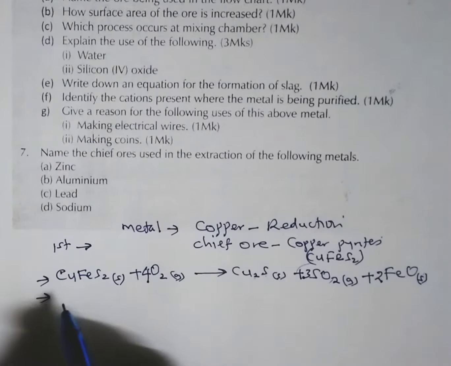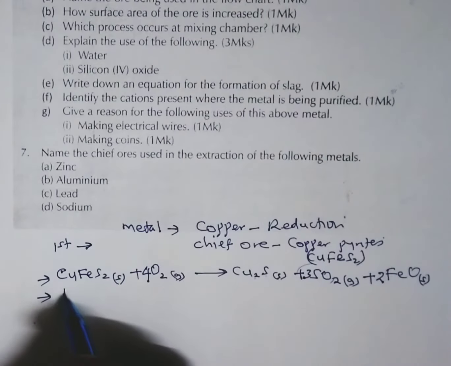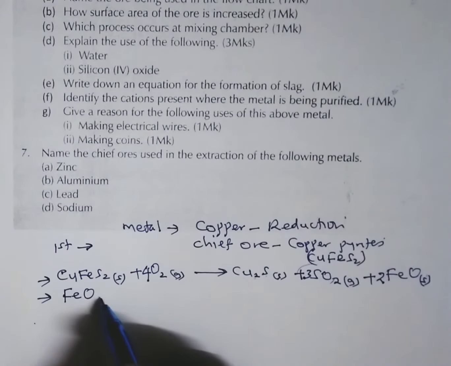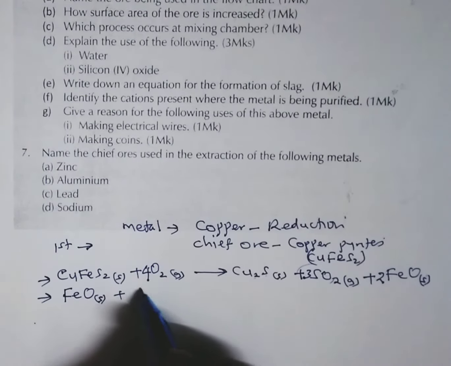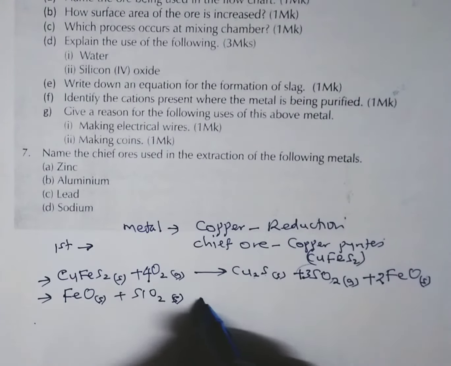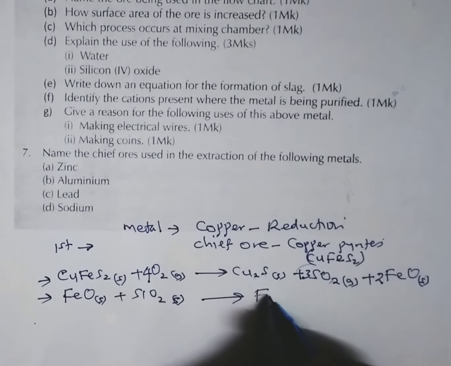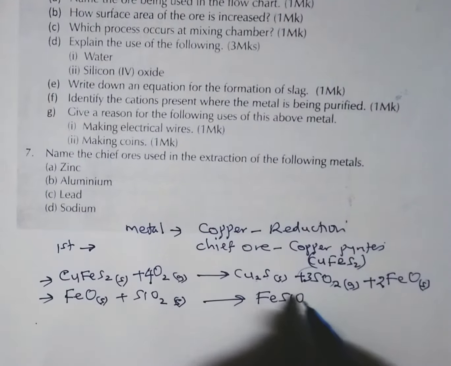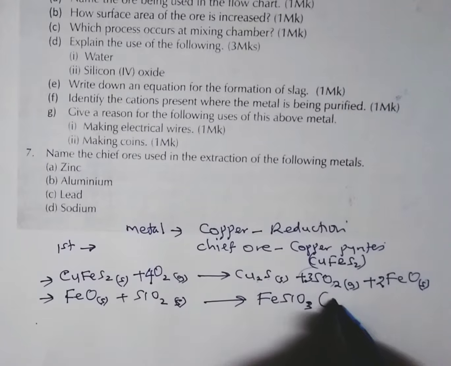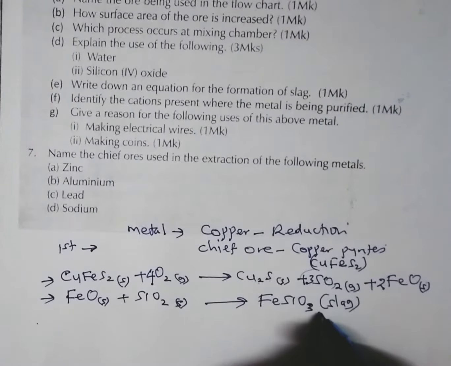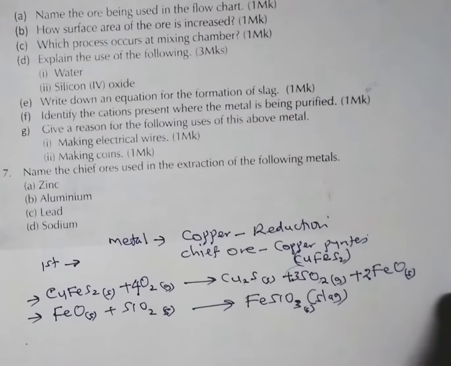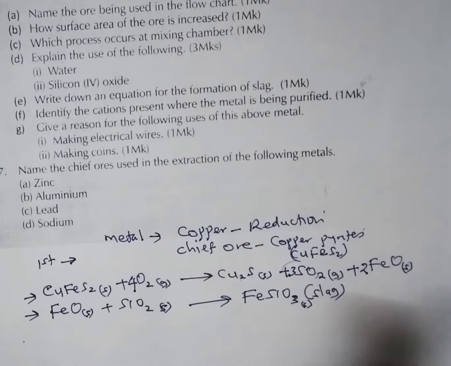So the second step is where we introduce silica, and the silica will combine with iron 2 oxide to give us what we call iron 2 silicate, which is commonly known as slag. We have already discussed some of the uses of slag in our previous discussions.